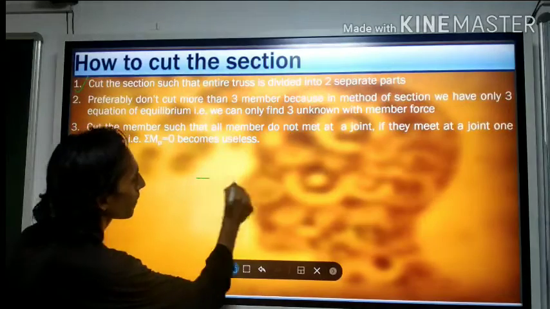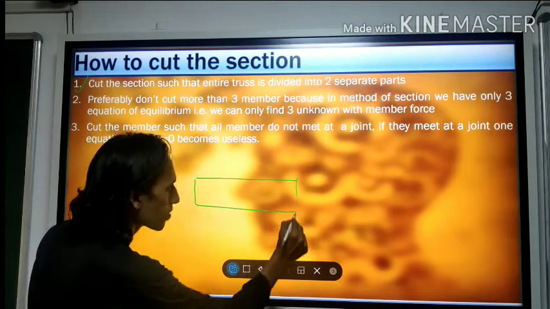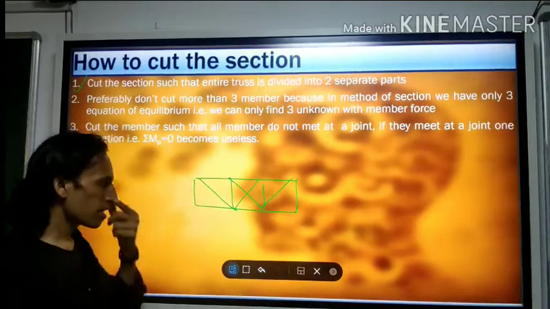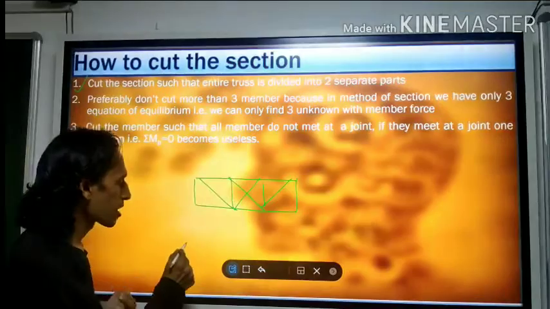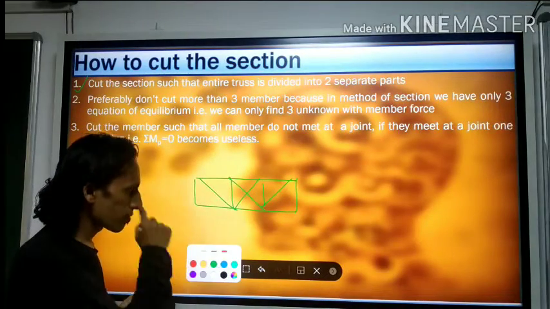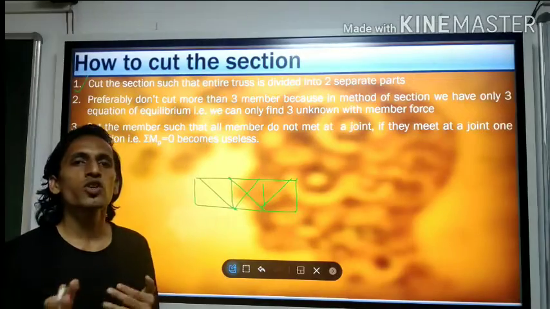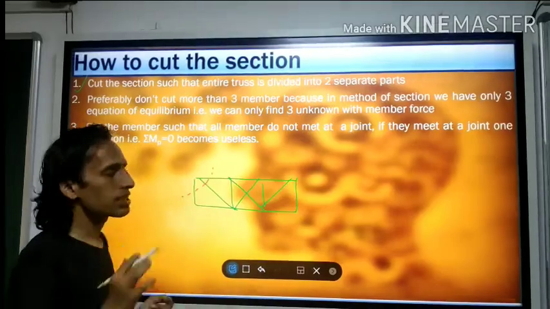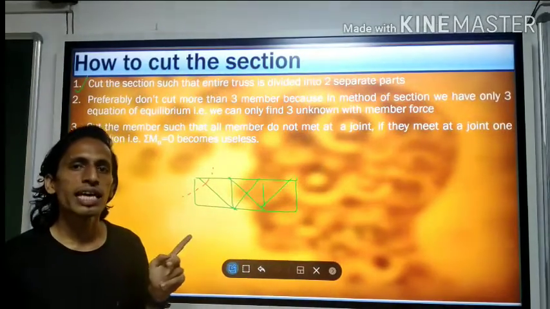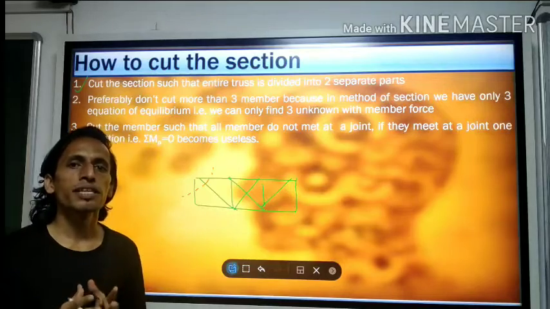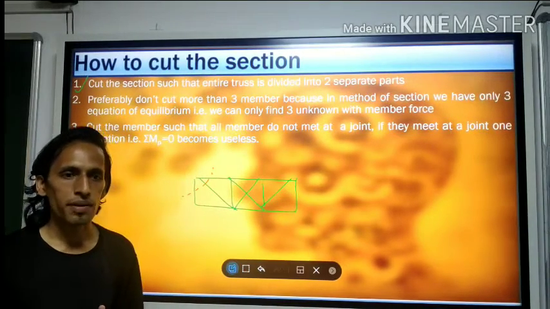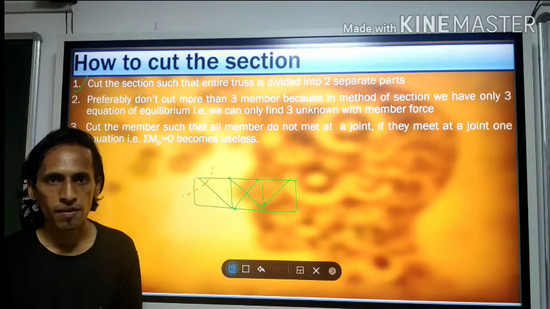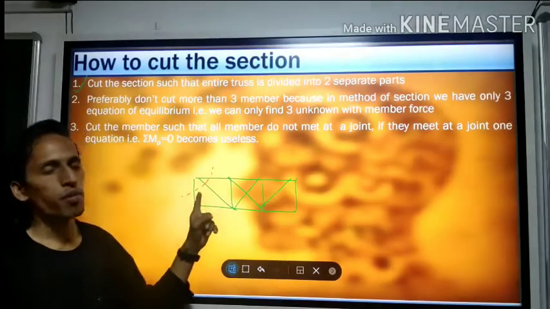As an example, suppose this is some truss. If you have to cut the section, how should you not be cutting? If you are thinking to cut the section like this, it is a bad idea. Sometimes there is a possibility that it might give you the answer, but there will be many occasions where you will be stuck. So try to avoid such a decision.